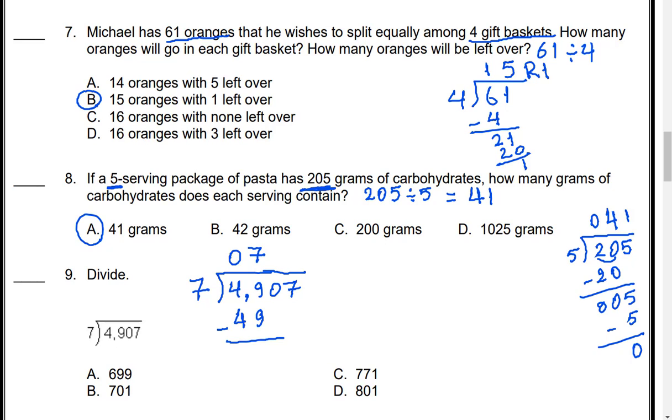Subtract. 9 minus 9 is 0. 4 minus 4 is 0. Drop the next digit.